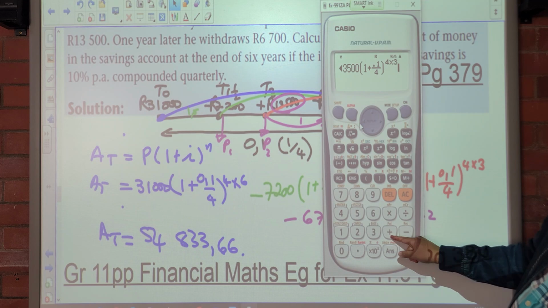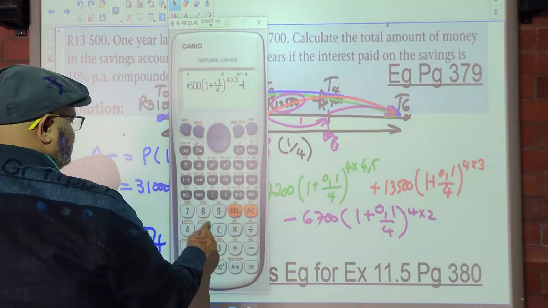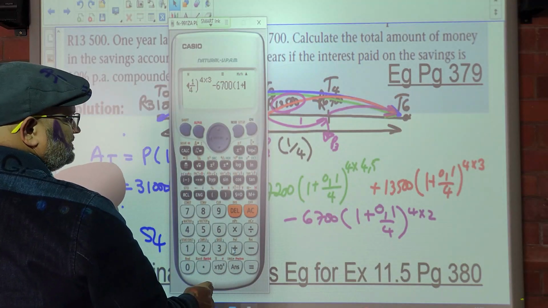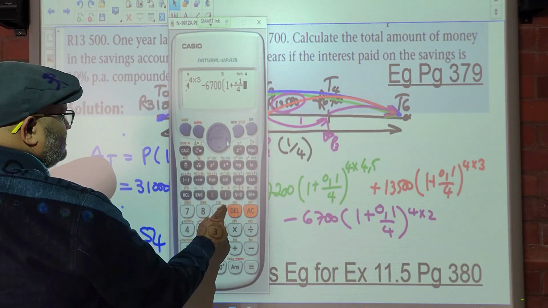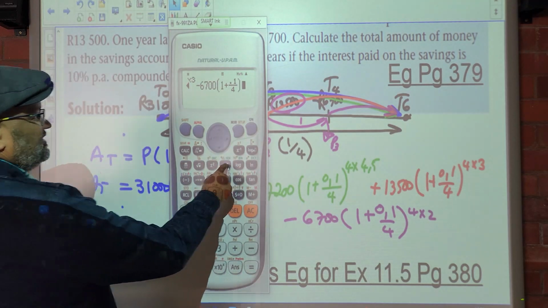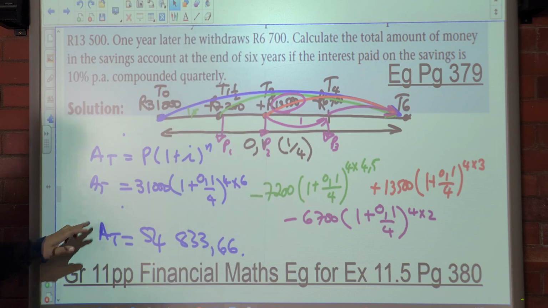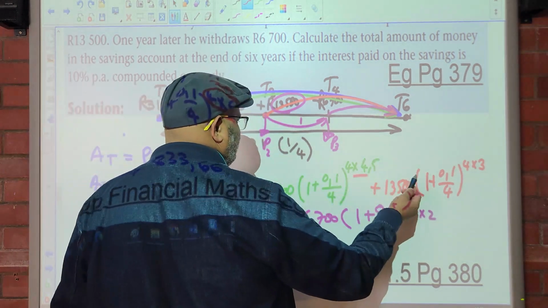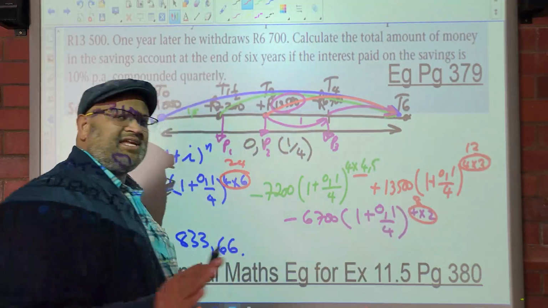So we said plus, minus 6,700 into 1 plus. Okay, still giving me the option. You see, it's not going to give me a chance to get that exponent. So how do I counter that? I counter that by working that out: 24, that I left like that. That gave me 12, and this gives me 8. So I counted it like that.